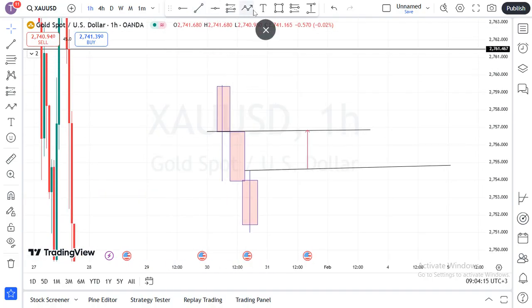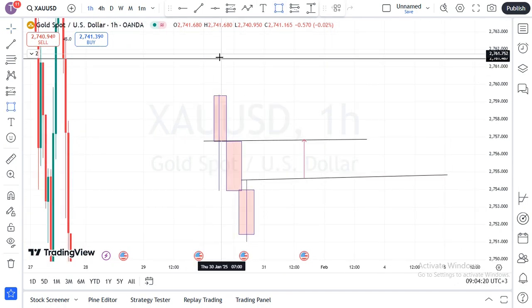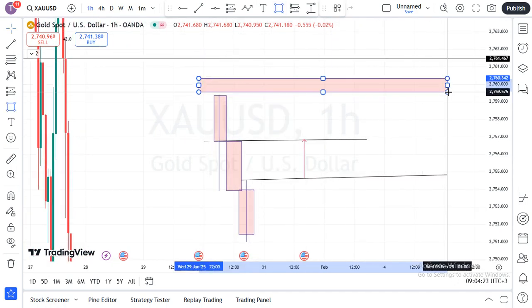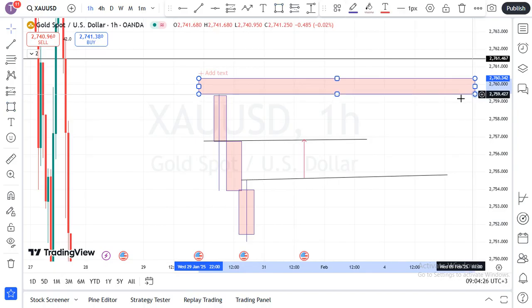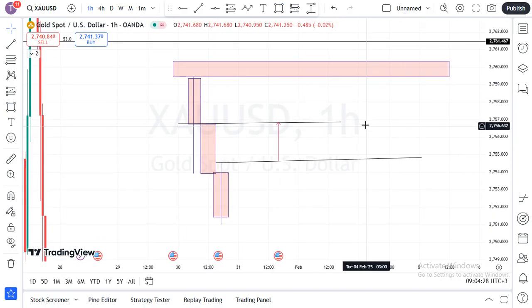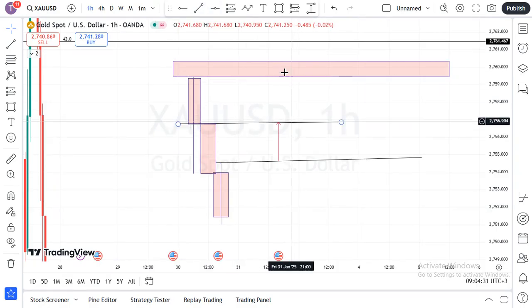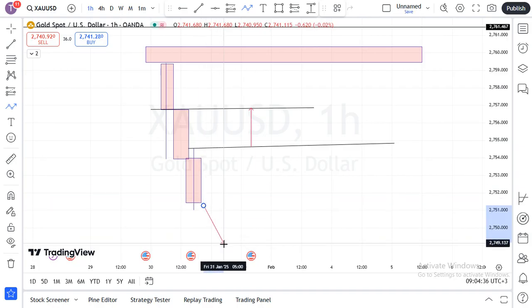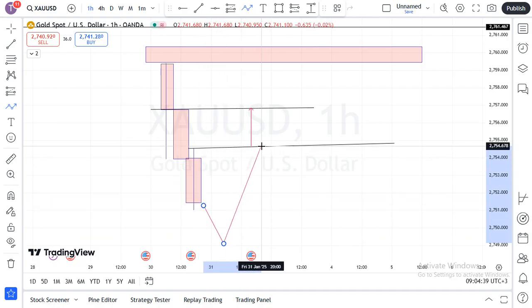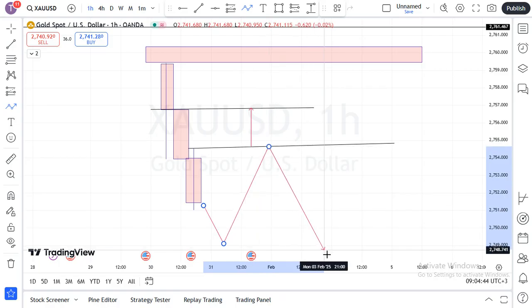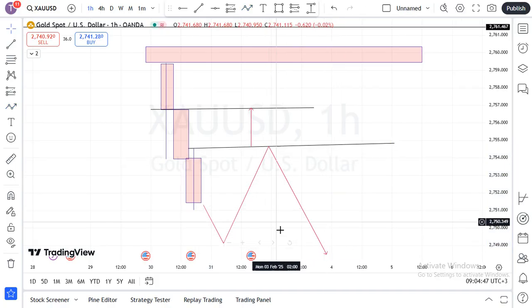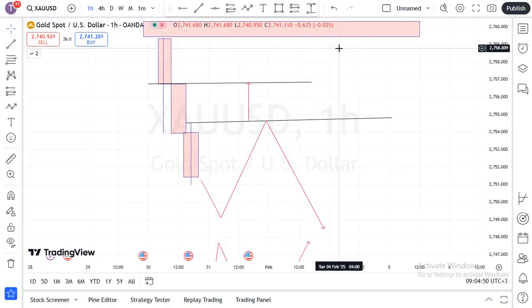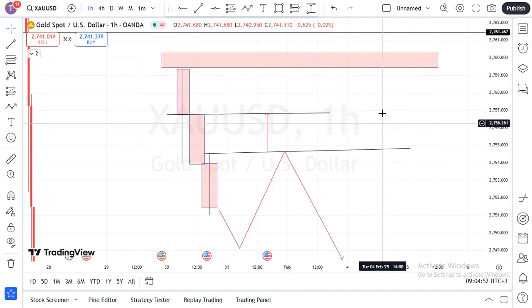It is the same case if we're having a fair value gap up here. What does it mean? If the market is dropping, it's just vice versa. We shall see the market coming back to this PDRA, and then we continue going down. So there is no need to wait for the market to come and mitigate this fair value gap.